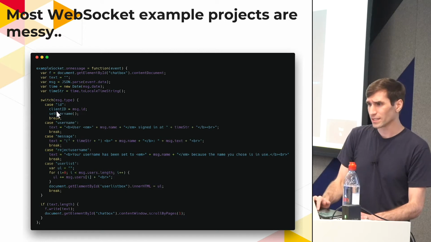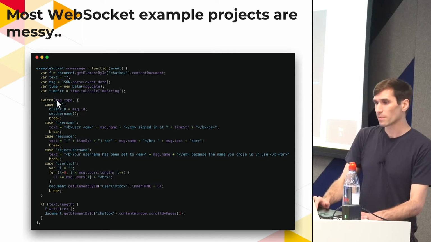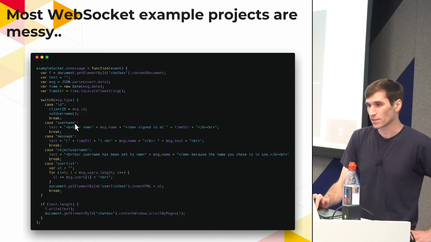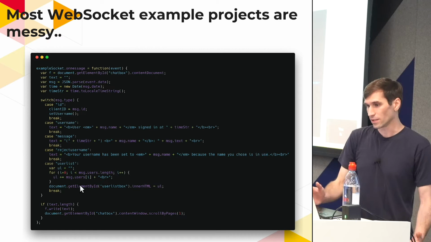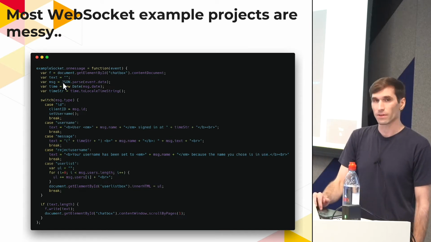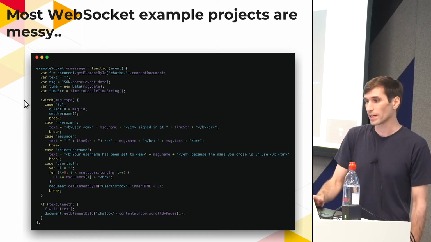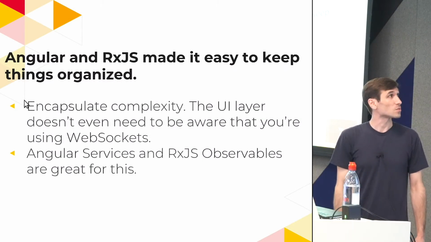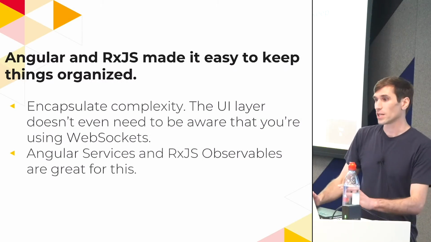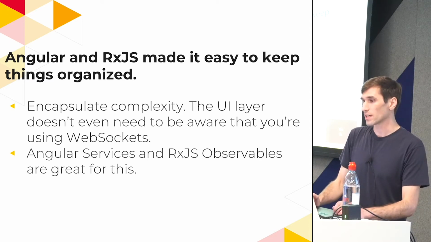You've got some logic here, a switch case, to figure out what type the message is. You're concatenating strings to build up a fragment of HTML, and you're manipulating the DOM all in one function. So there's kind of a lot going on here. That's actually something that's really hard to write in AngularJS and with Angular and RxJS.